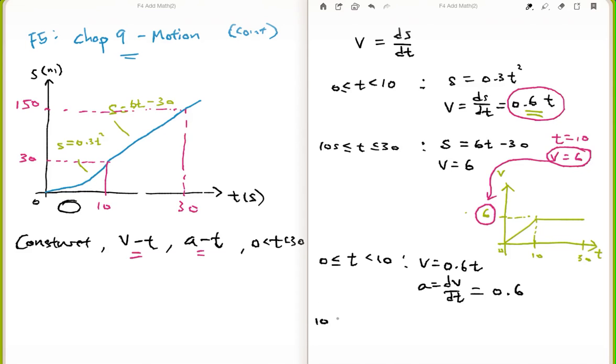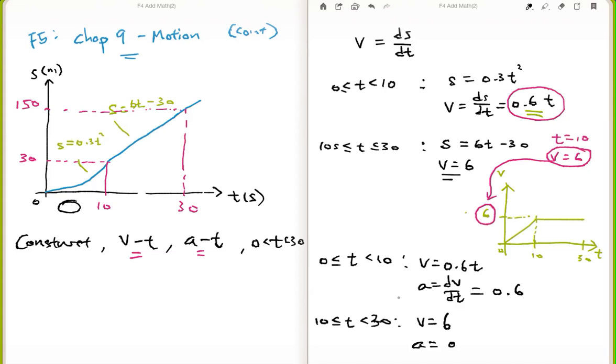Likewise, from 10 to 30 seconds, v is, sorry, based on here it's 6, as I calculated earlier. So my a, differentiating a constant, you get 0.